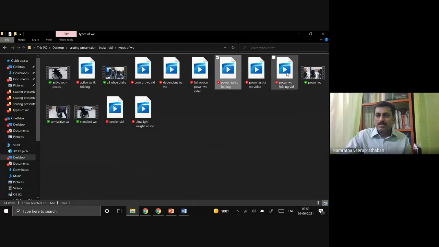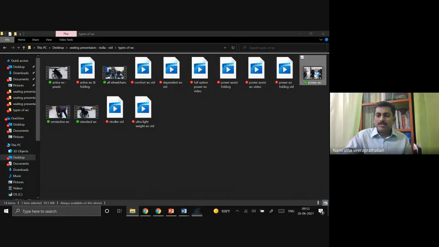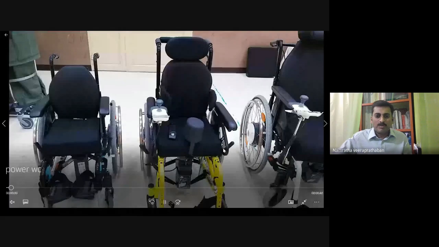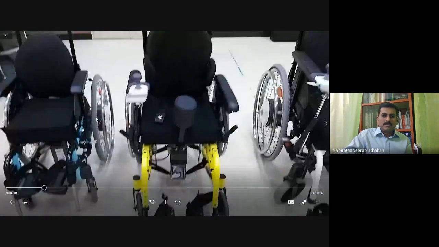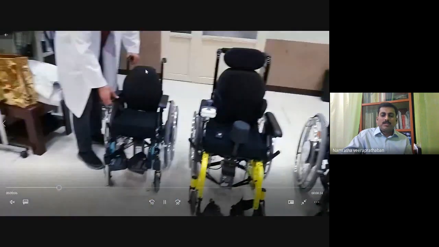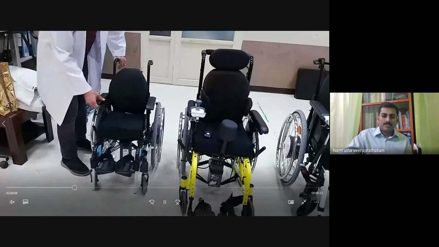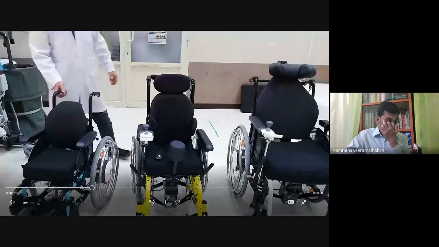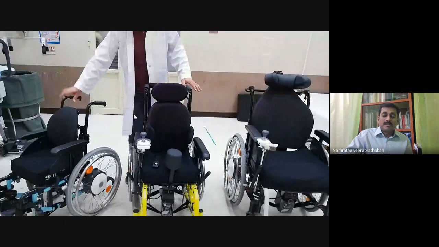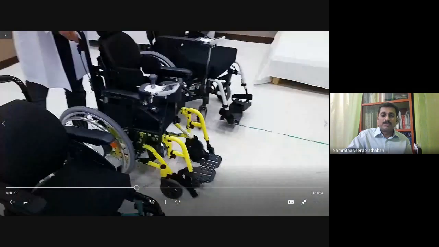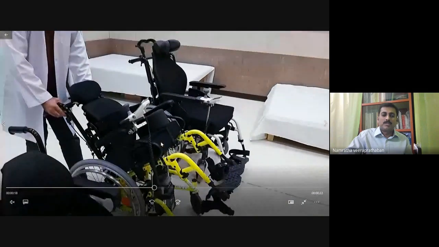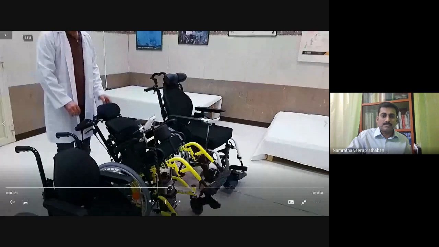All right, now we'll go to the power wheelchair. Now you can see the power wheelchairs. This is a pediatrics power wheelchair. We have 3 power wheelchairs. This is for the pediatrics population, with foldable criteria. And this is also for pediatrics. And this chair will have a tilt in space option. This is dynamic tilt in space.